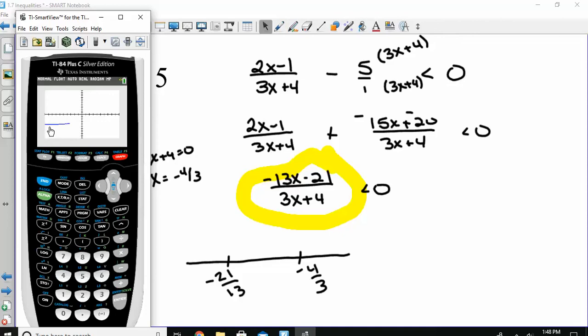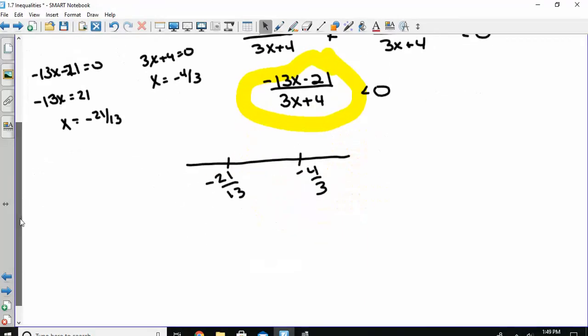So we can see this graph starts out negative, and then it goes positive, and then it drops back down. So we have a negative, positive, negative again.